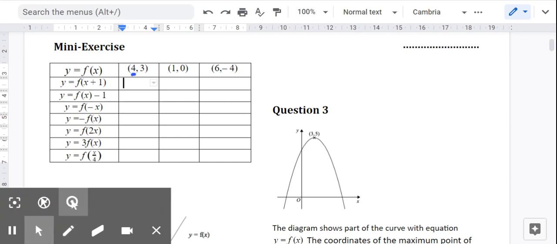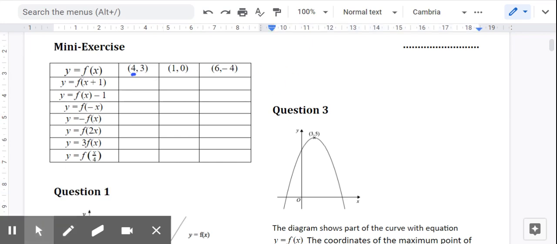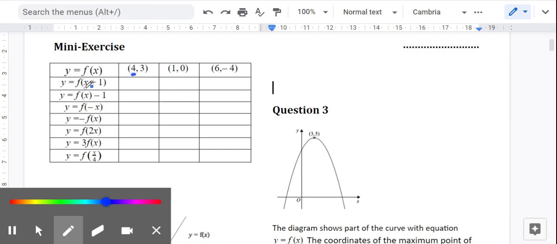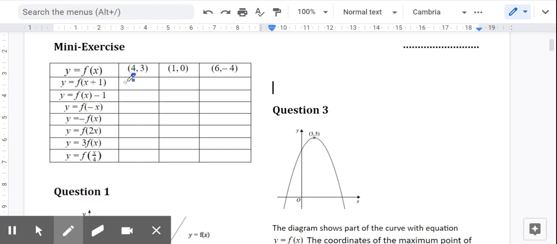For example, in this question, it's f of x plus 1. So the x value changes. There is nothing outside the bracket, so y remains the same. Let's see what happens to the x coordinate. As I mentioned earlier, for x, the opposite happens.